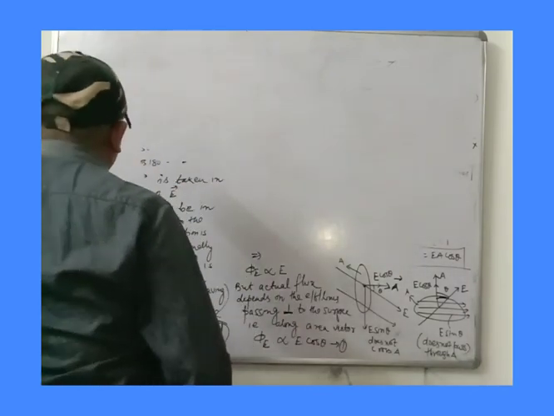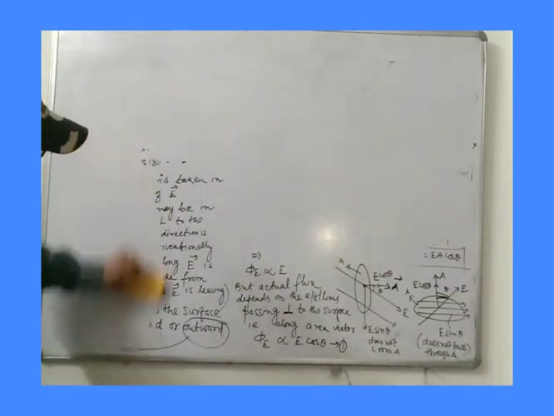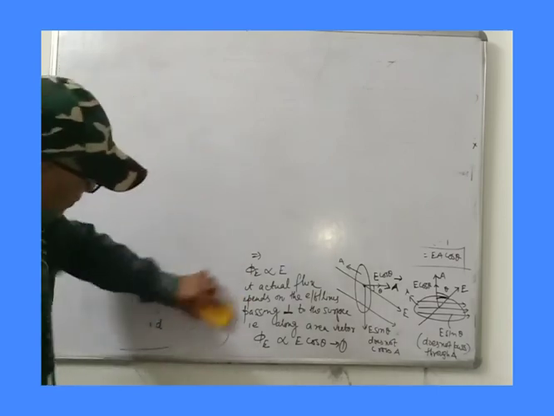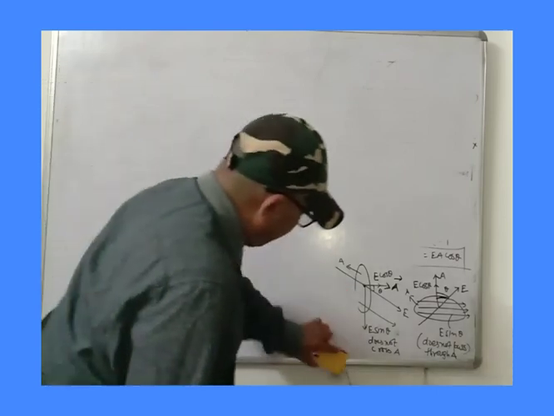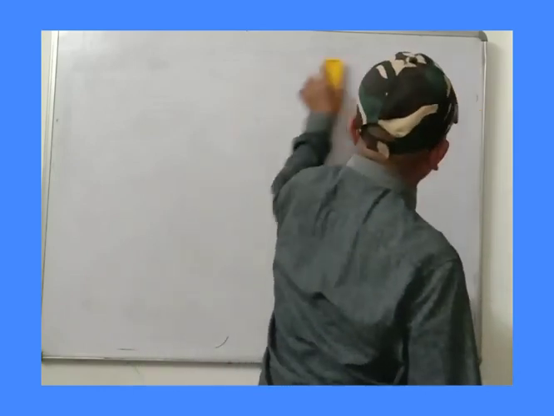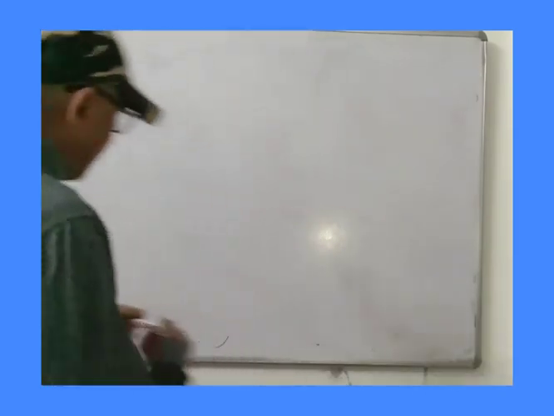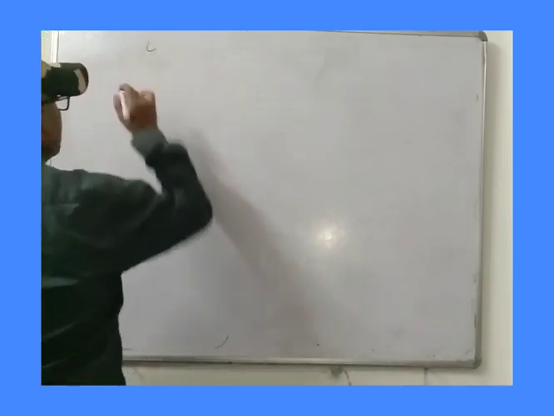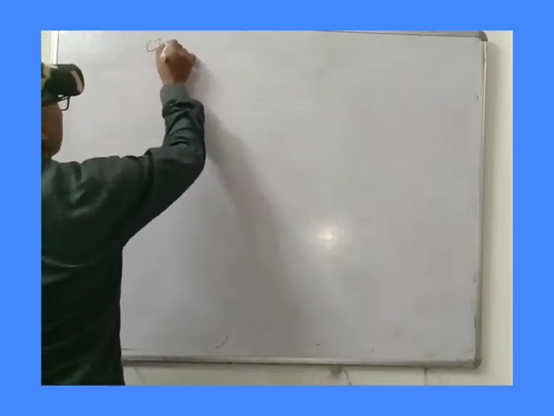So, before we talk about numericals on electric flux, we have to discuss one more thing about closed surface, that is 3D. Let us write closed surface. That was open surface.